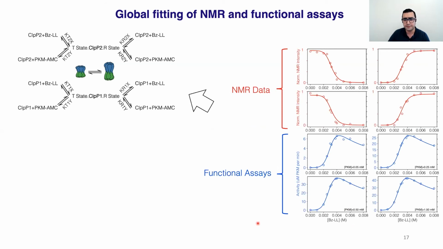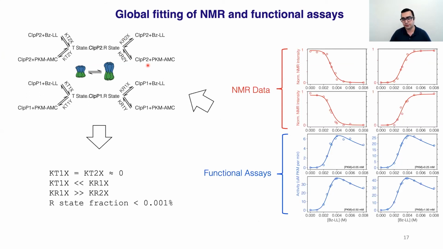We can feed all of those to our model and do a global fit. We tried all sorts of combinations of fitting parameters to get robust fits to the data. But no matter what sets of parameters, or what fraction of the model you're using, we get themes, and these are conserved no matter what model we use.